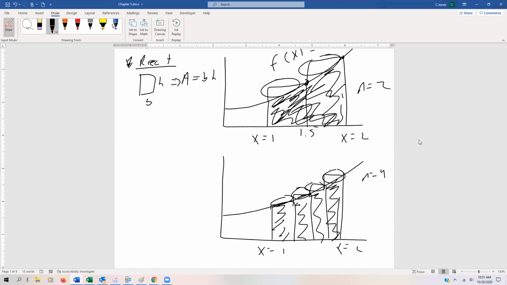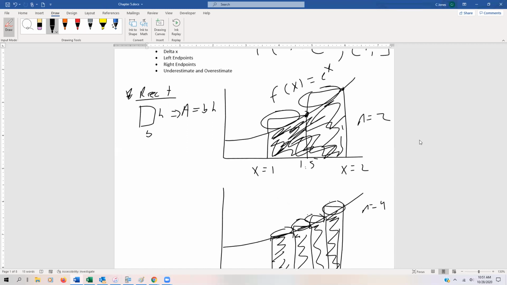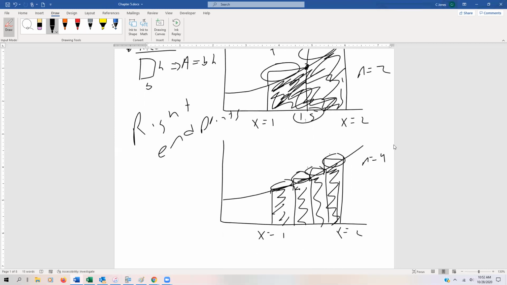Another thing to consider is that in both of these, we used the right endpoints, meaning that we started at 1.5, and since we had 4, this would be 1.25, 1.5, 1.75. Right? There's another technique to approximate the area, a basic technique, actually 2 other ones.